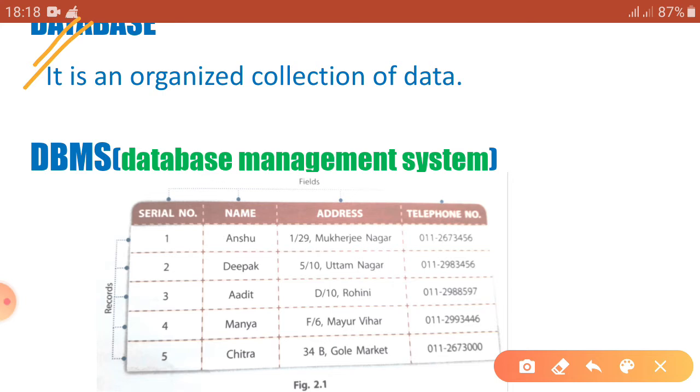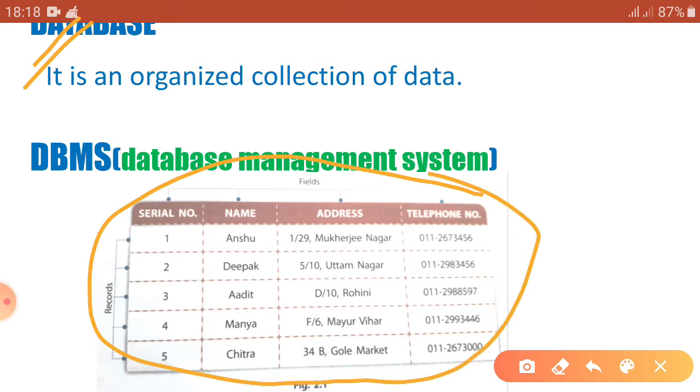Okay, got it? So here below is an example of a database. Here we have entered the values of the data in tabular form. So we can say that in this table the columns are serial number, name, address and telephone number.